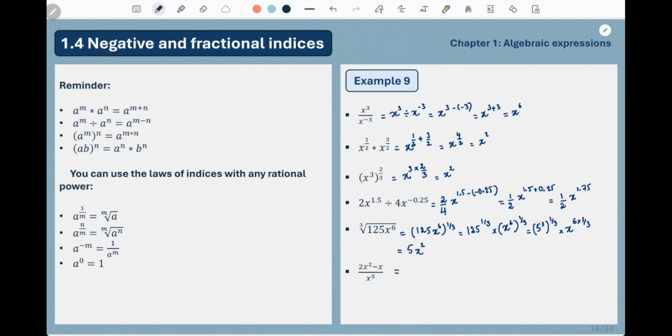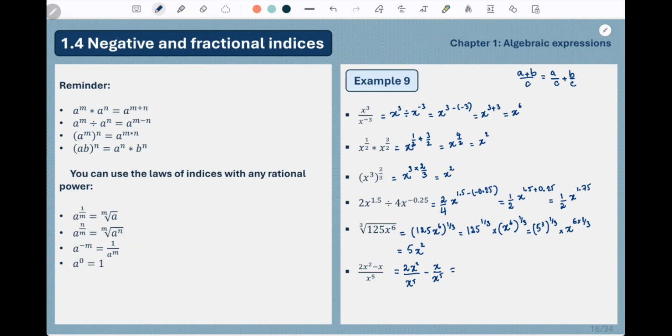So for the last one, we have a fraction. We know this rule which says that if we have, for example, a plus b over c, it is a over c plus b over c, okay? So we can split the fraction. Here I'm going to split the fraction into 2, and I'm going to have 2x squared over x to the power 5 minus x over x to the power 5, yeah?